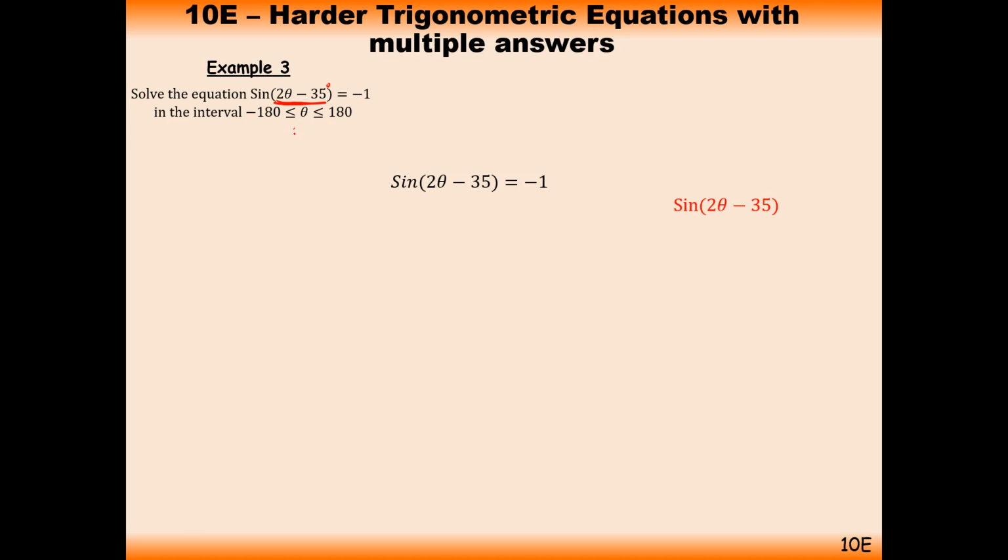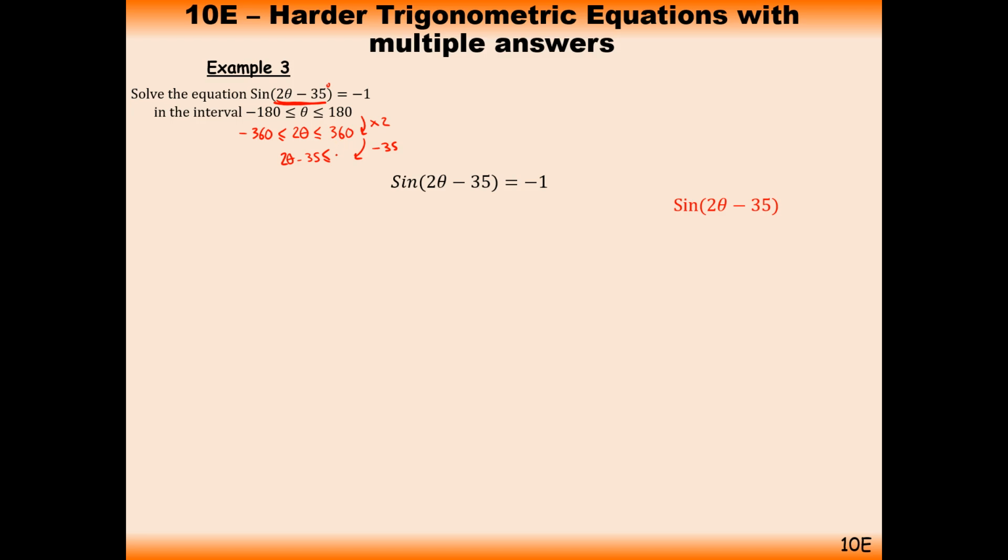First, let's times everything by 2. So we get 360 here and negative 360 there. And then we're going to take away 35 from both sides of the inequality. We're building this inequality one step at a time. Here we just times by 2. Here we're going to take away 35 from both sides.